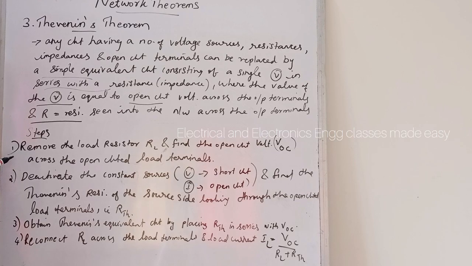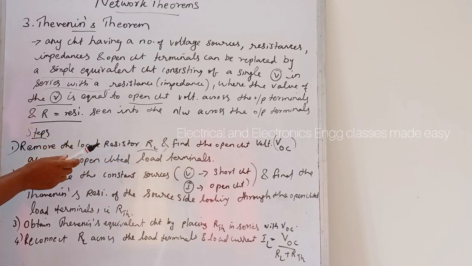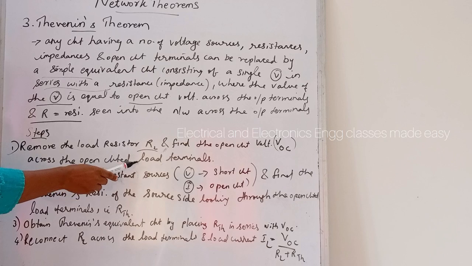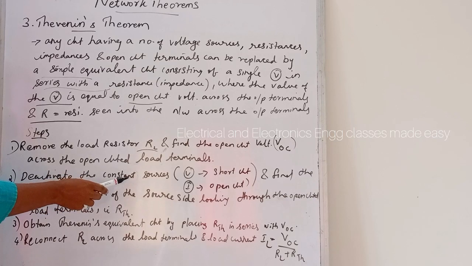The first step is to remove the load resistor RL and find the open circuit voltage VOC across the open circuited load terminals. So the first step is remove RL and find the open circuit voltage. Then the second step is to deactivate the constant sources.